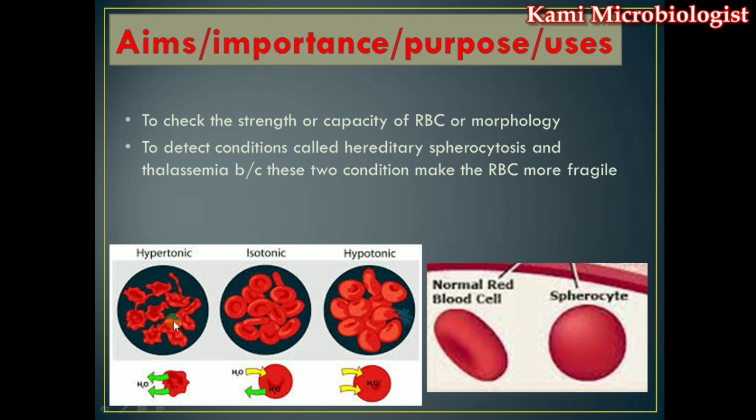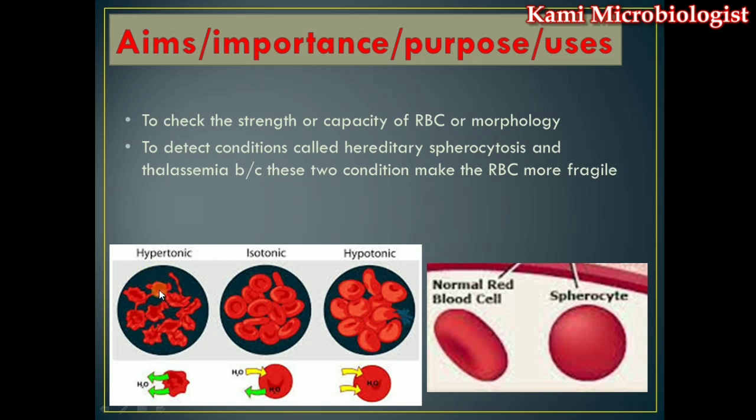Now why? Because in this case the RBC has molecules, but they are actually low in number, and in the outer environment we have a high concentration.